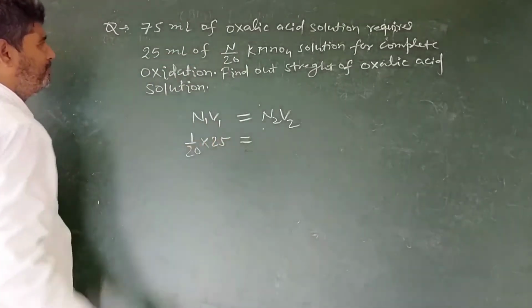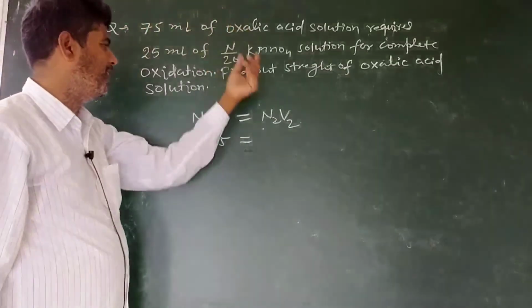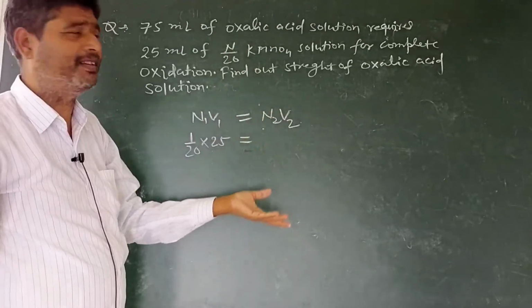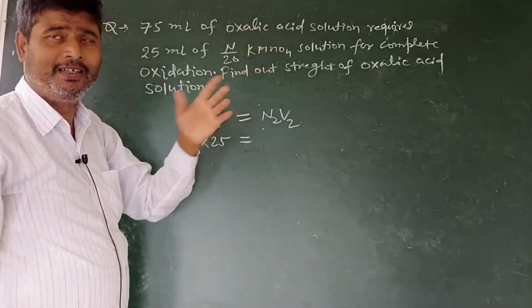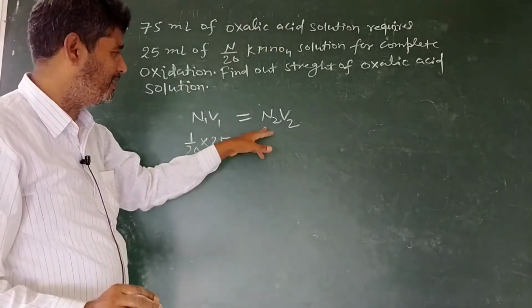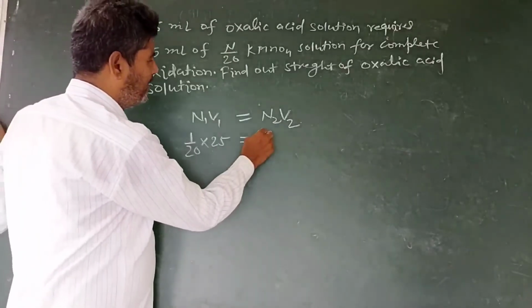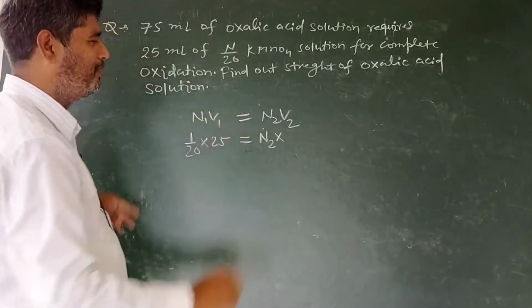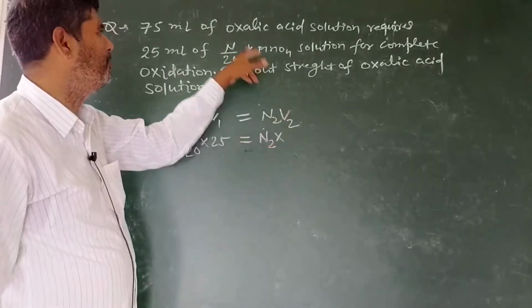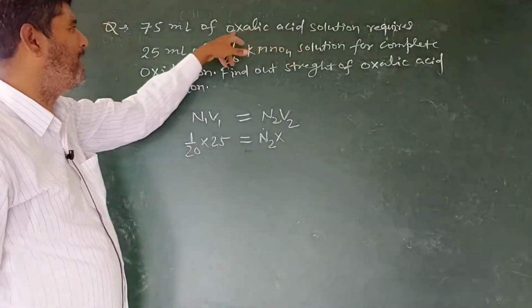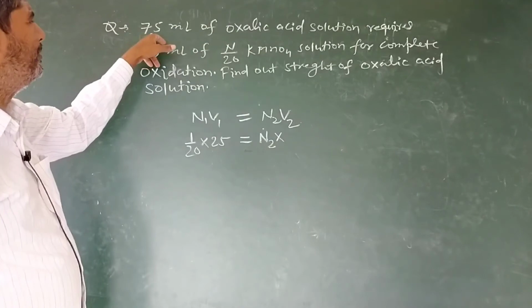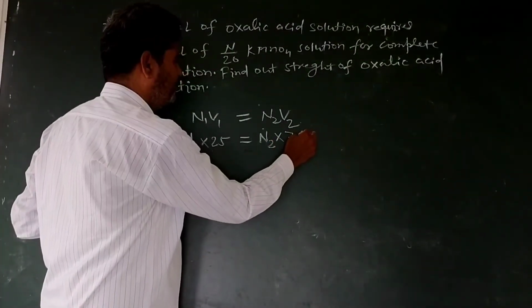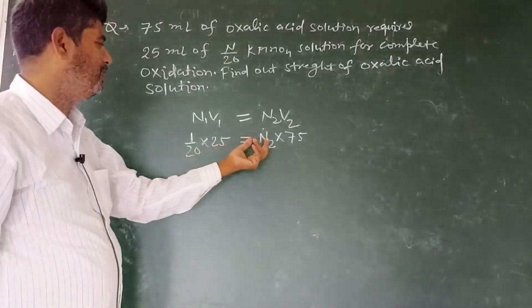This is equal to the normality of the unknown solution. So we have to find the normality of the organic acid, meaning we have to calculate N2. The N2 is written the same as at the beginning, no change in N2. And V2, the volume of the unknown solution, the volume of organic acid, is 75.